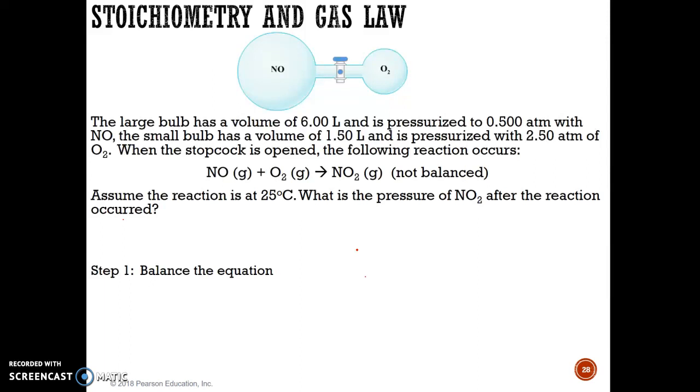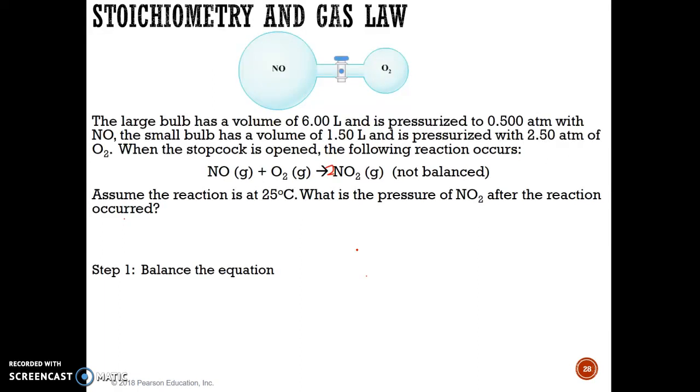We can see that there are a total of 3 oxygens and 1 nitrogen on the reactant side, but 1 nitrogen and only 2 oxygens on the product side. So we can balance the equation by putting a 2 in front of nitrogen dioxide. That means we have 4 oxygens, and in order to get 4 here, we can balance the nitrogen here.